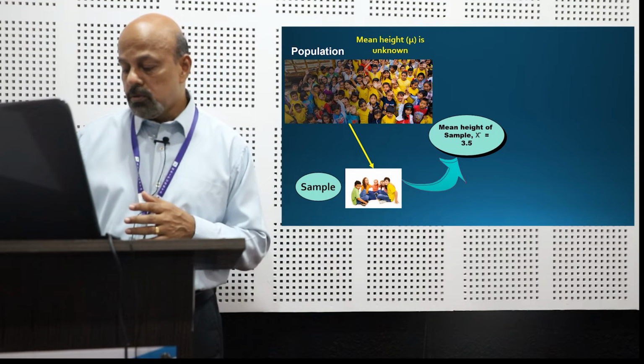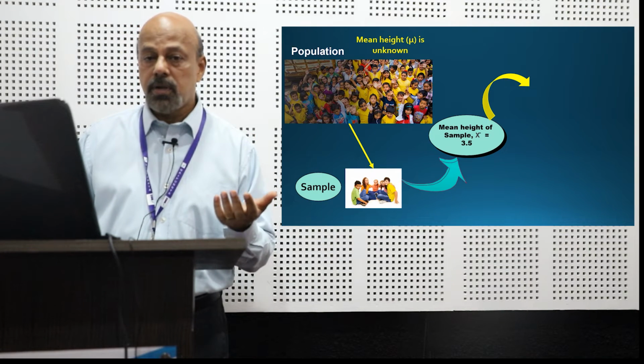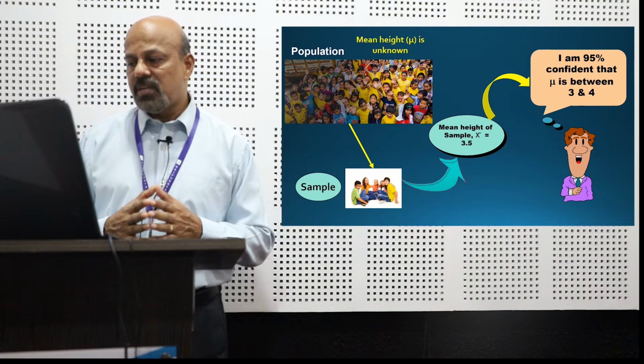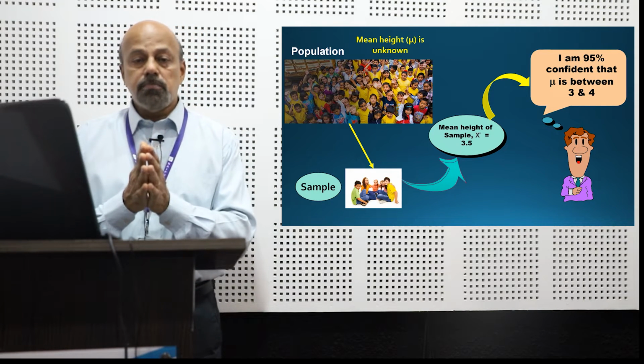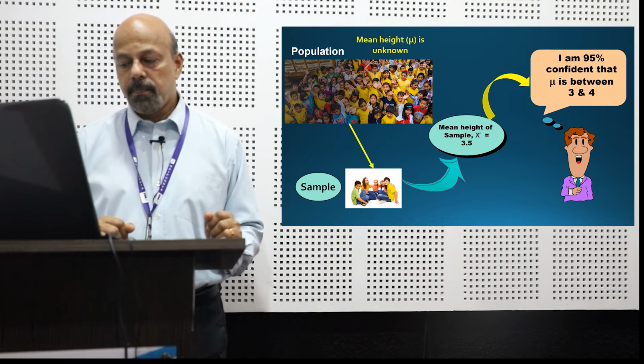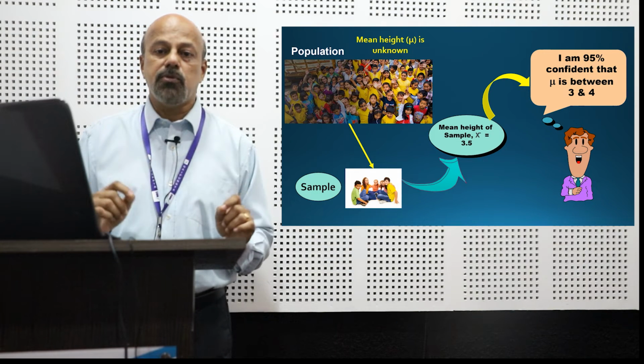Now there is a slight difference when we estimate the population parameter. In this case, for the population mean mu, we say that it is between 3 and 4. We are not going to say it is exactly 3.5, because there can be a difference.